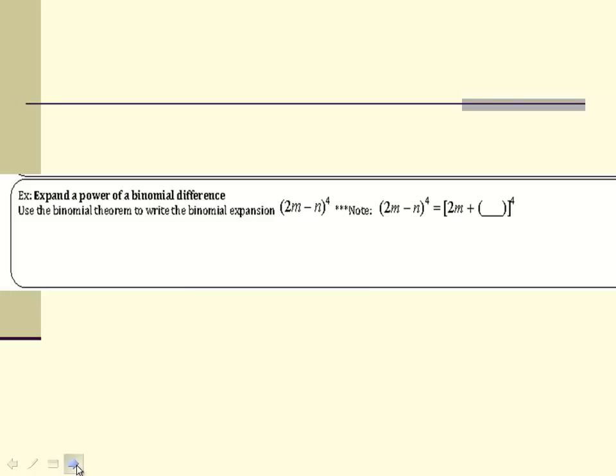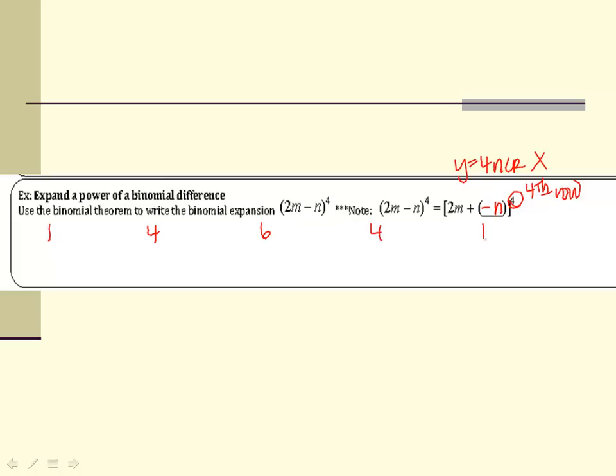I have 2m minus n, and we never want to see a minus. So I'm going to call this negative n so that I can let my exponent rules do the work. Now let's go here. What row are we looking at? Fourth row. So I go y equals 4 NCRX, and I look at my table. My coefficients are 1, 4, 6, 4, 1.